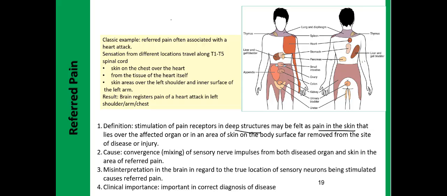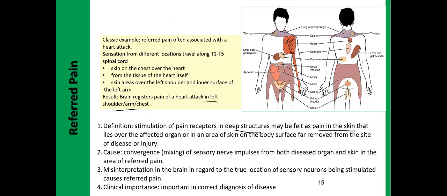A heart attack for men is often felt as a constriction on the chest. So I've heard people describe it as having an elephant sit on your chest or having a boa constrictor around your chest. And some people have this huge pain running down along the left shoulder, arm, and chest.